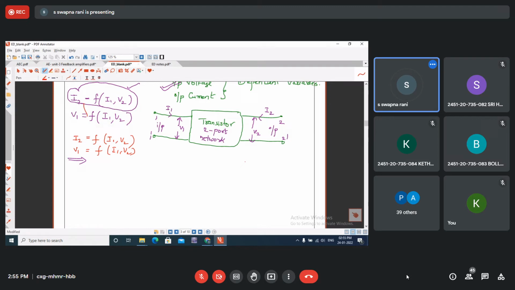So we have different two-port parameters which relate the terminal voltages and terminal currents, like Y parameters, Z parameters, H parameters, ABCD parameters.